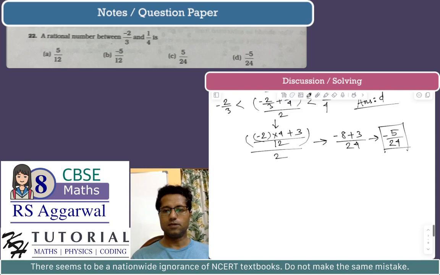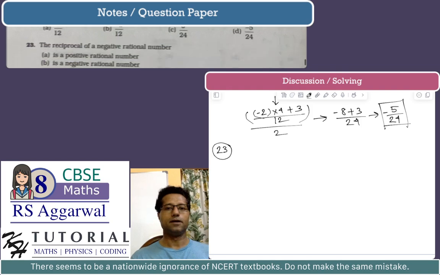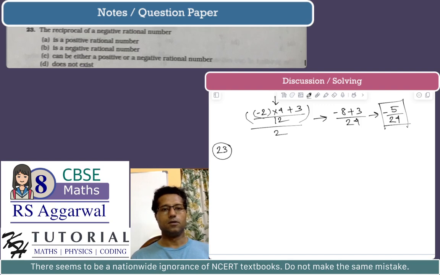Okay, let's do problem number 23. It says, the reciprocal of a negative rational number is a positive rational number. Let's say we are taking a negative rational number as minus 2 by 3.